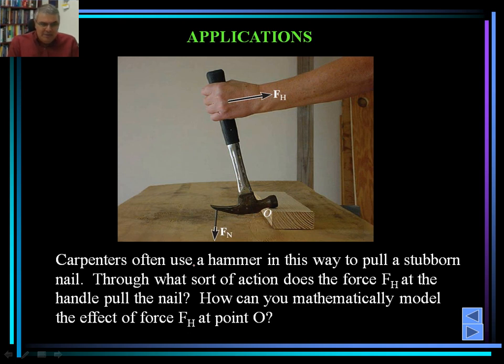That's why we care about calculating that. Note that F sub H is the force exerted on the hammer by the arm of a person, and it is pretty much perpendicular to the hammer itself.